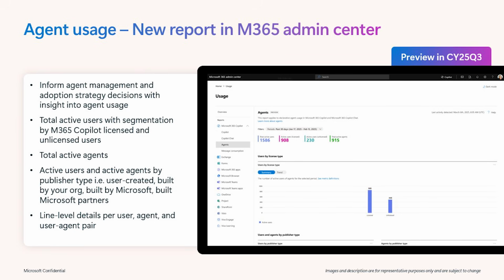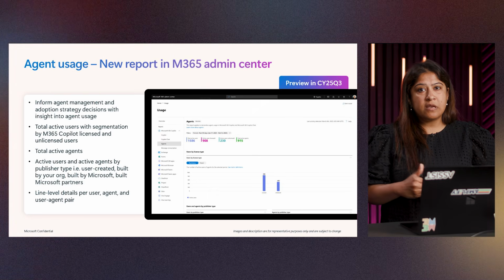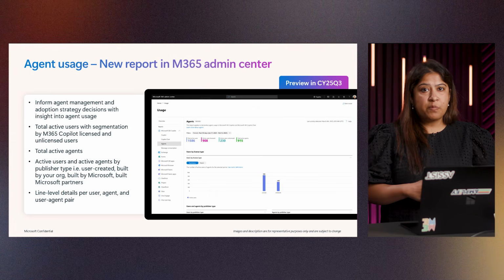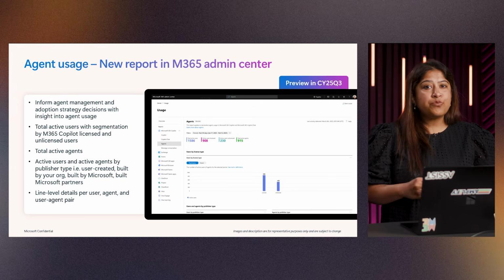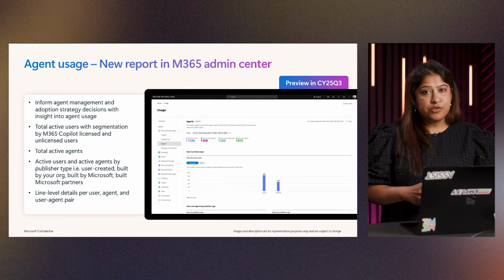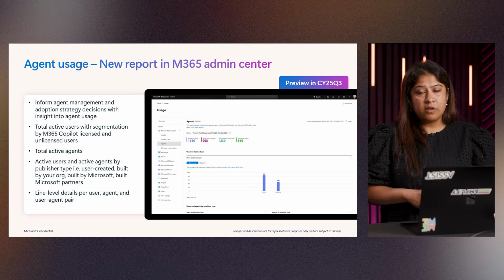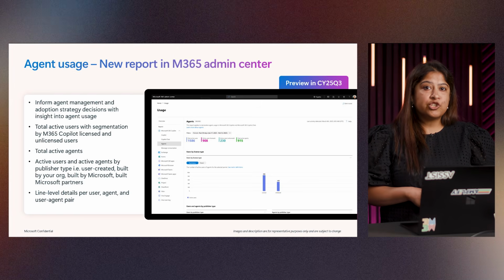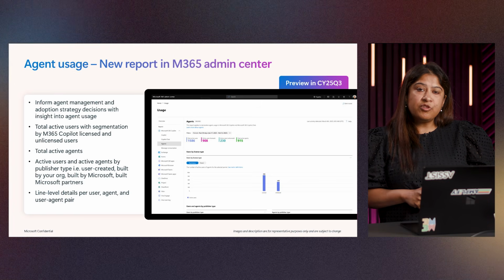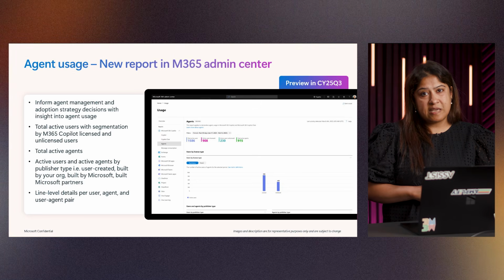Details section will have drill downs of agent usage at user level, agent level, and agent plus user pair level. Each row in the user level will show the licensing state and count of agent used and agent responses. Usernames are anonymized by default, but global admins can change the setting in M365 Admin Center to show usernames in clear text.